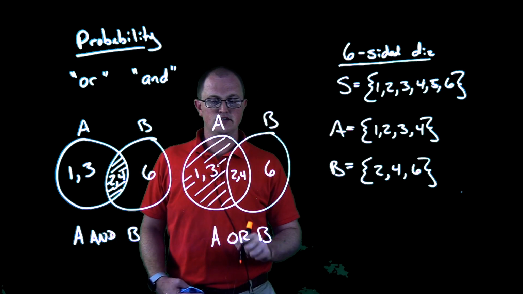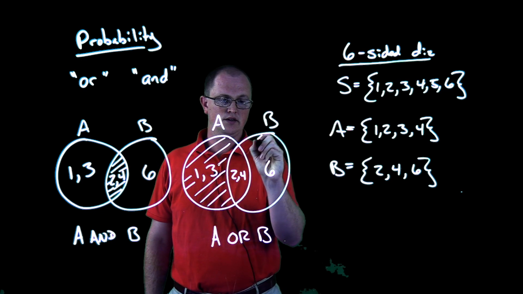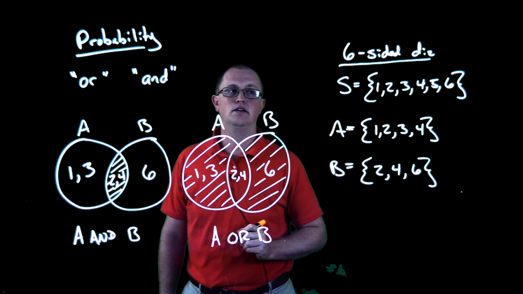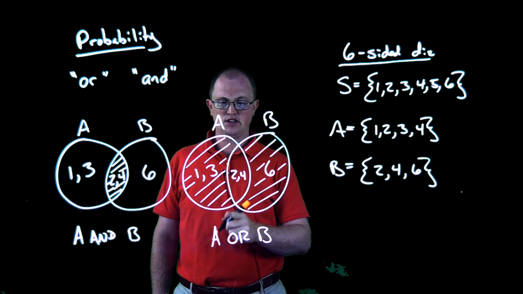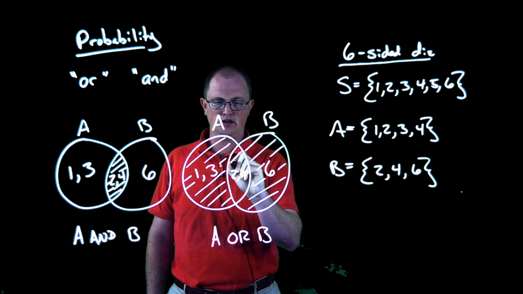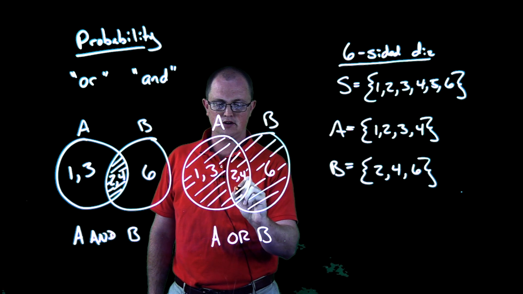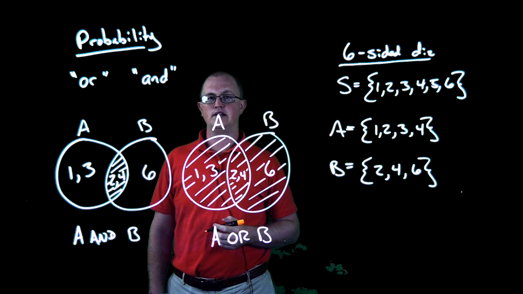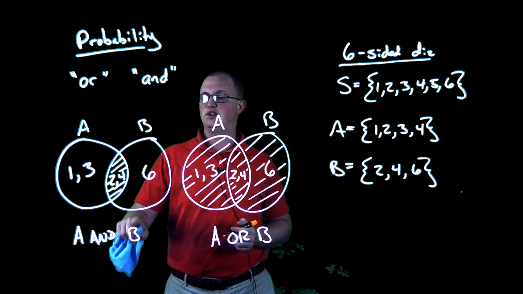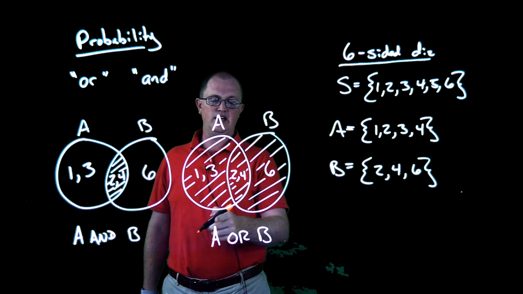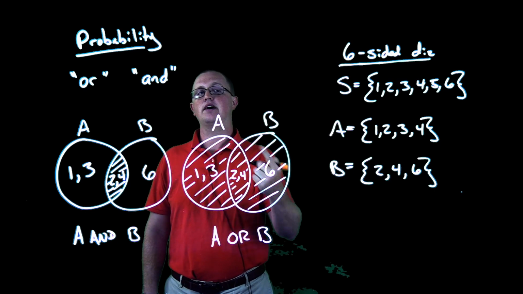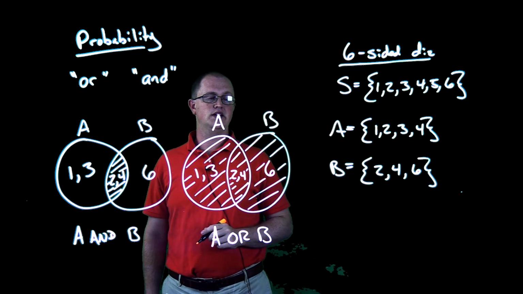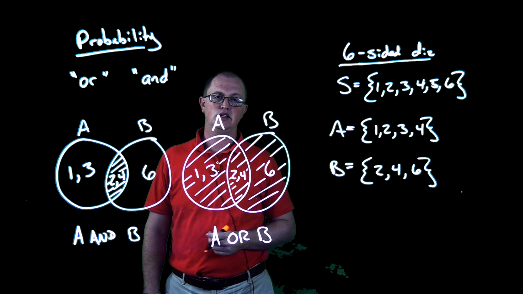It includes the things that are only in B, this section here. But it also includes the things that are in both, this section here. So another way of thinking about these two ways of combining events is that A and B is the overlap, and A or B is the entire Venn diagram. The only thing not included in A or B is anything that doesn't show up in either of these.